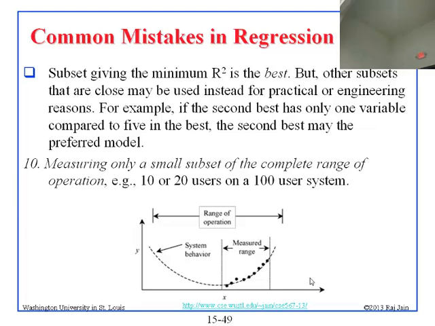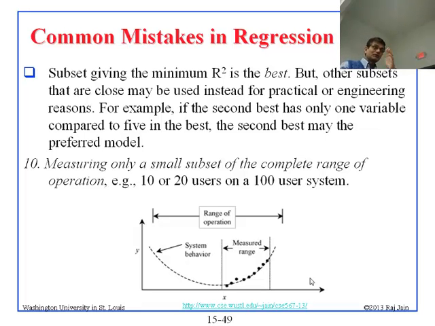But if this was more like this, then I would rather go for this. I would rather go for a lower number of parameters, a simpler model, losing a little bit.